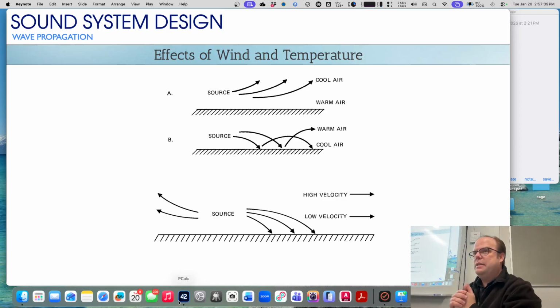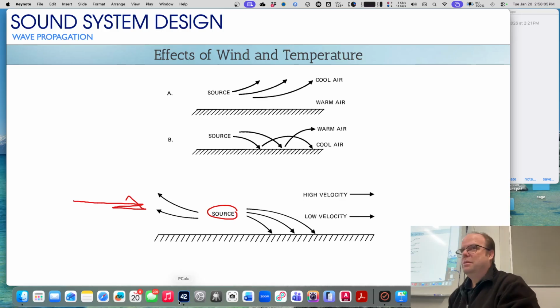Wind has an effect on this too. So here we've got wind. If the wind is blowing this way, and here's our sound source, trying to propagate sound against the wind. Well, listen, folks, sound is air. Sound is air moving, actually, which is not unlike wind.